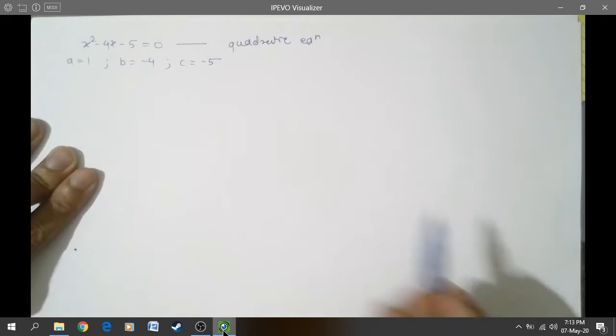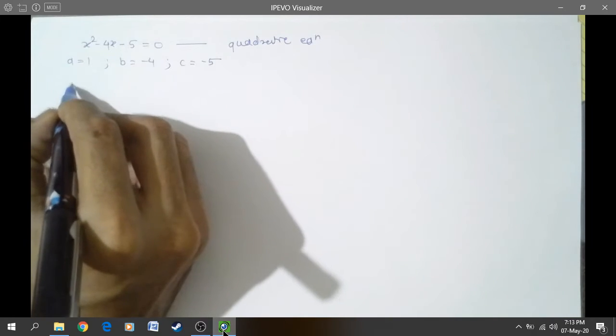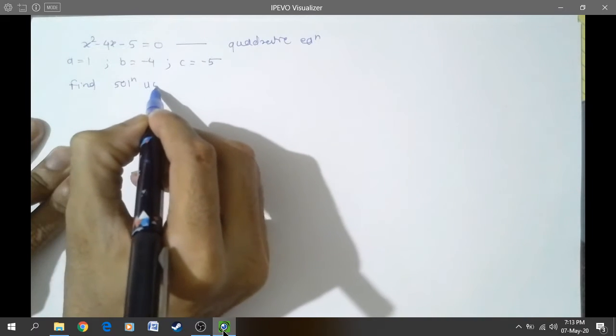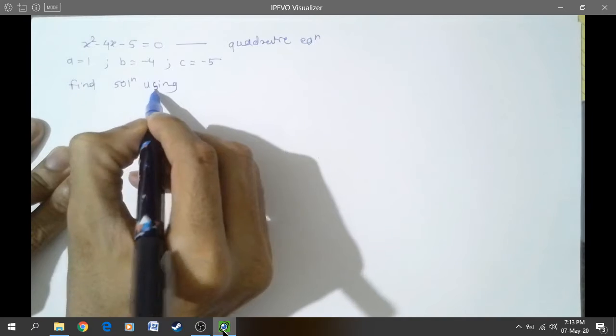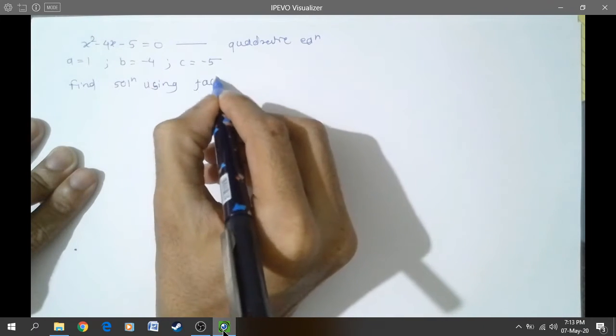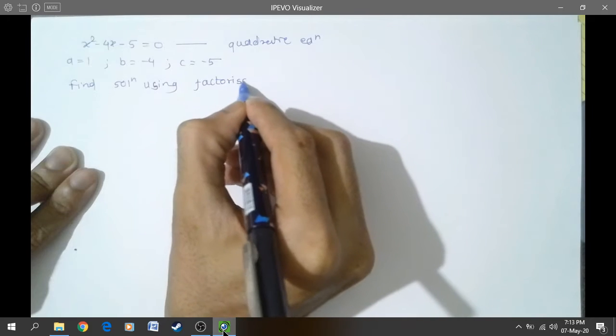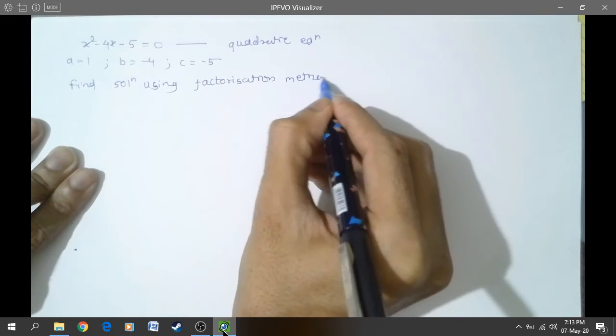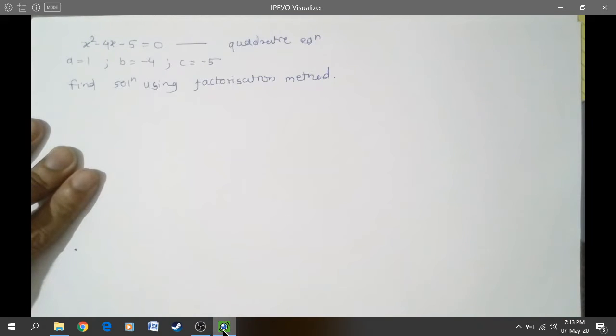Now what we want to do is find the solution using the factorization method.